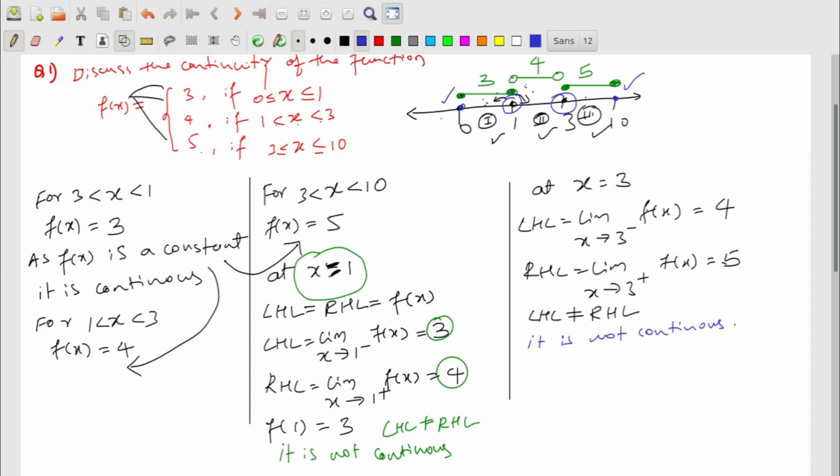So it is continuous in the region, but it is not continuous at x is equal to 1 and x is equal to 3. So what are the points of discontinuity here? The points of discontinuity are x is equal to 1 and x is equal to 3.